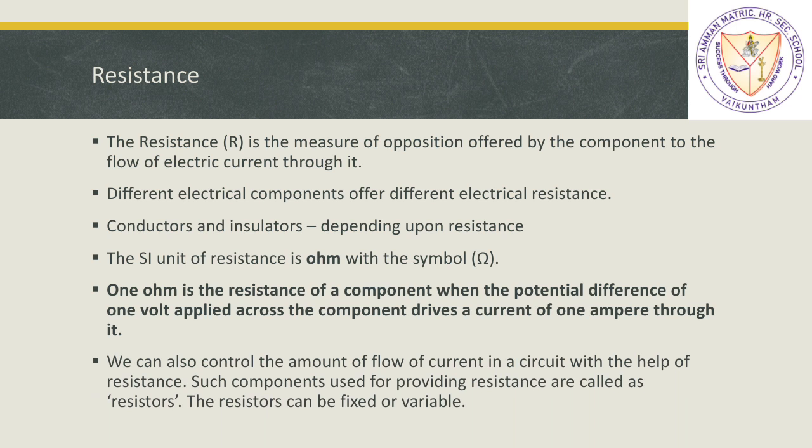The components used for providing resistance in electric circuits are called resistors. These resistors can be fixed or variable. There are resistors whose values you can change, and there are resistors whose values you cannot change. So fixed resistors are available, and variable resistors are also available.